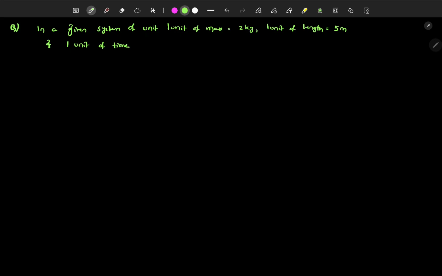So the question is, in a given system of unit, one unit of mass is equal to 2 kg, 1 unit of length is equal to 5 meter, and 1 unit of time is equal to 5 seconds.